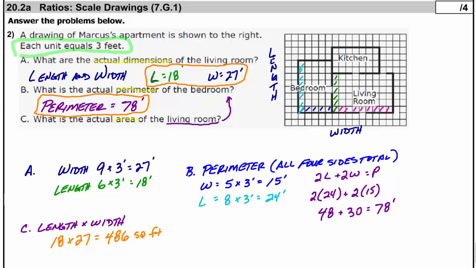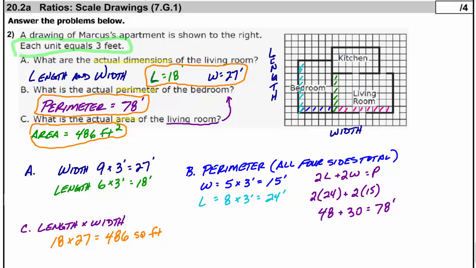So our answer to this is the area equals 486 square feet. That's the other way you can show square feet. You can either write SQ feet, or you can put feet with a little 2 for the exponent.